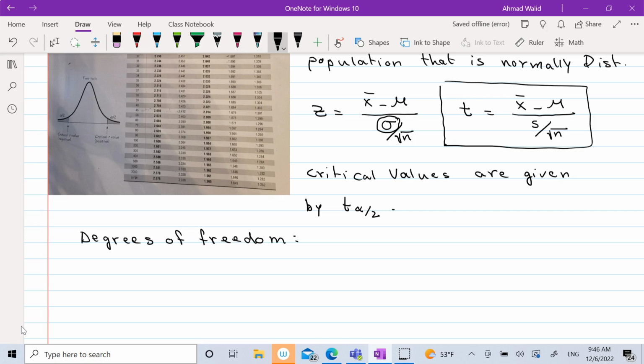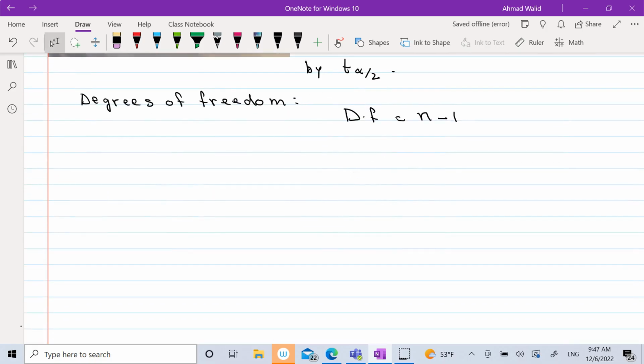The degrees of freedom, which we denote as df, equals your sample size minus 1. It always gives you the degrees of freedom. What does it mean? Let me explain. For example, if I pick 10 numbers, let me draw here 1, 2, 3, 4, 5, 6, 7, 8, 9, and 10.